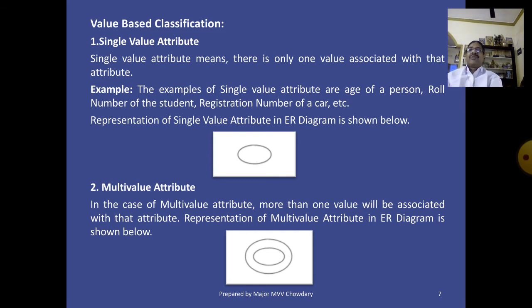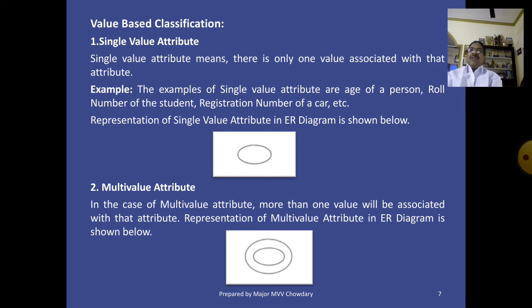Next one is multi-value attribute. In the case of a multi-value attribute, more than one value is associated with that attribute. The representation of a multi-value attribute in the ER diagram is a double ellipse.